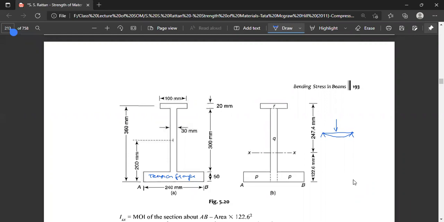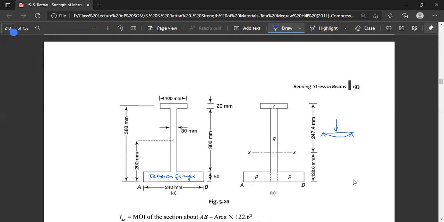As per our problem, the size of the tension flange is 250 multiplied by 50, the size of the compression flange, which is the topmost flange, is 100 multiplied by 20, and the web is 30 millimeter wide and 300 millimeter long.